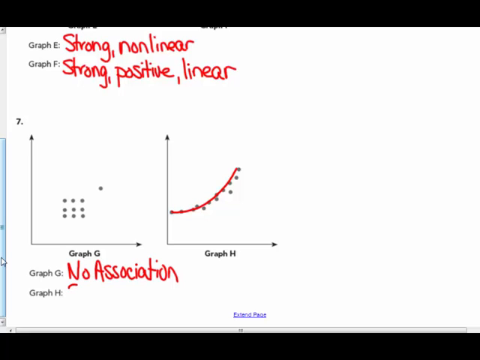I would say that's strong, but because it's got this little sloping part here, it's kind of plateaued and then it goes up. I would say that's a strong nonlinear, definitely, and maybe pushing it a little bit saying that it's positive, but they do seem to be rising to me. I would say strong nonlinear positive for that one.